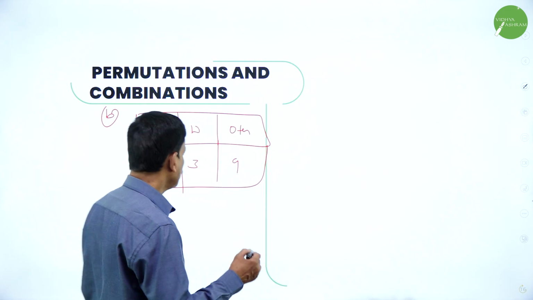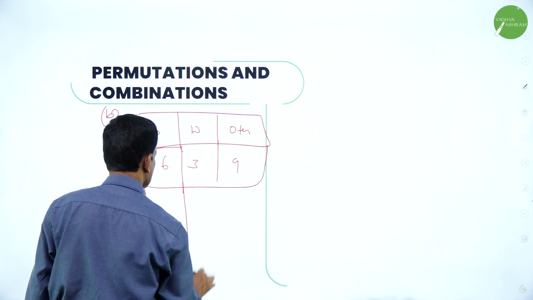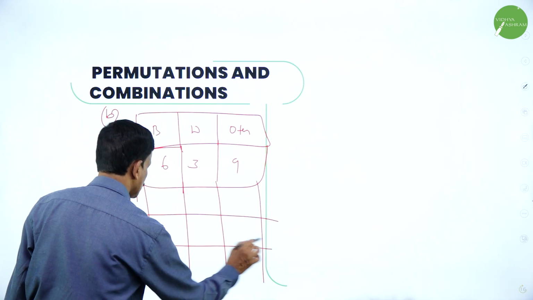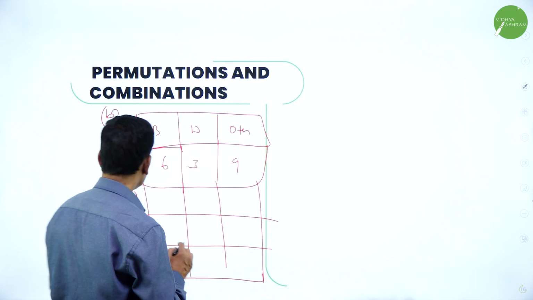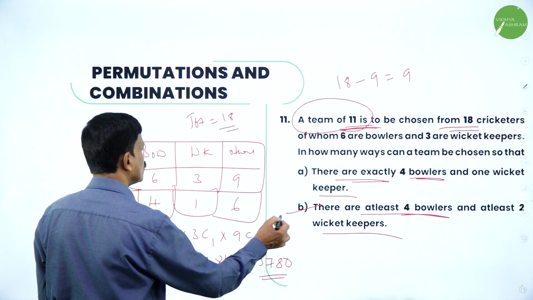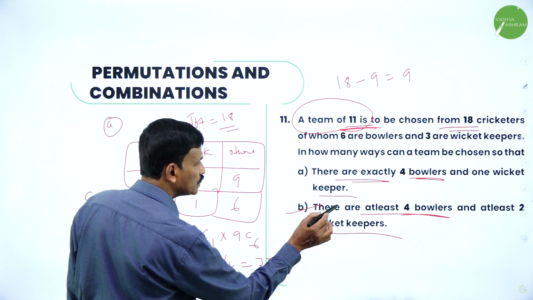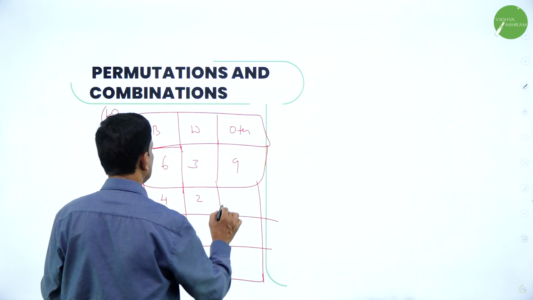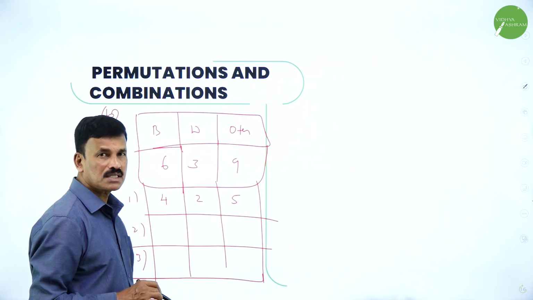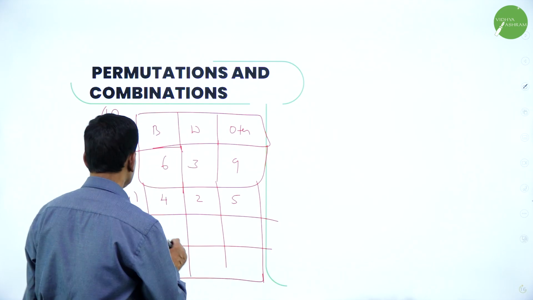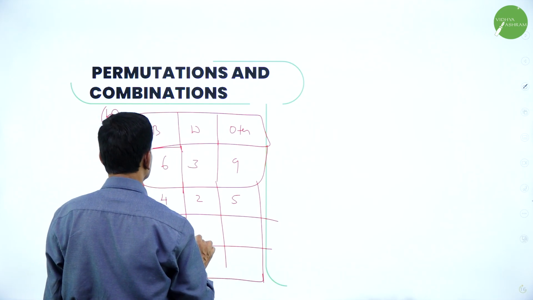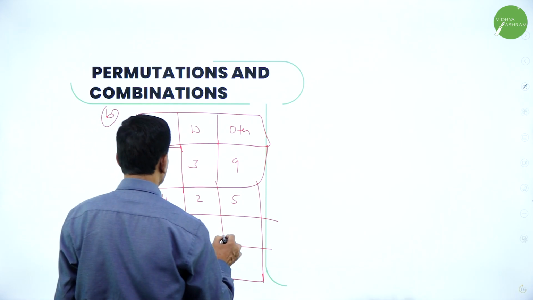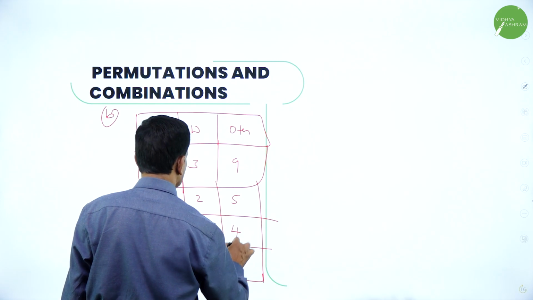Here so many cases arise. First, at least 4 bowlers and 2 wicket keepers. 4 plus 2 is 6, remaining 5, total 11. Second, 4 bowlers and 3 wicket keepers. 4 plus 3 is 7, and the remaining are 4 others.